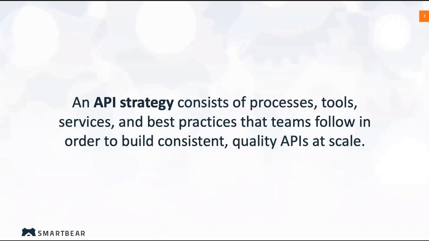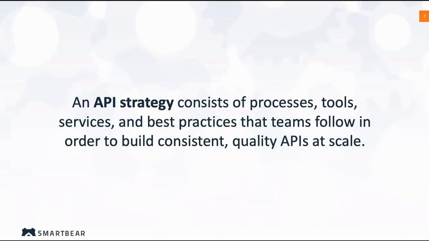The problem that an API strategy is trying to solve is it's working to get an entire organization to unify the way that they interact with other teams, the way that they interact with the outside world. And it's a way that teams build and use APIs. One of the key parts here is that companies decide to make APIs as part of their overall strategy.